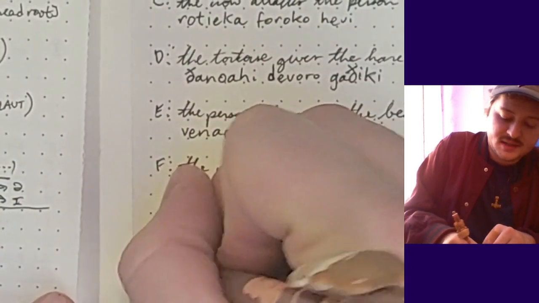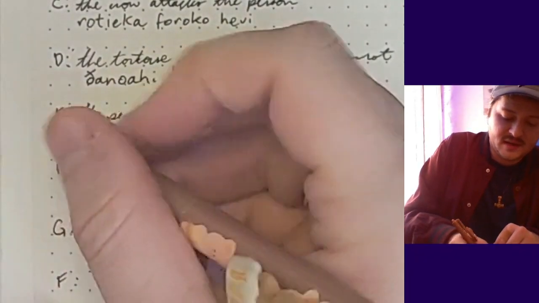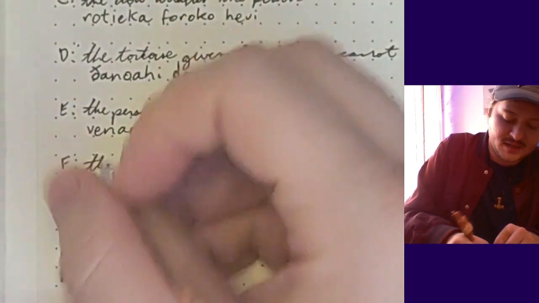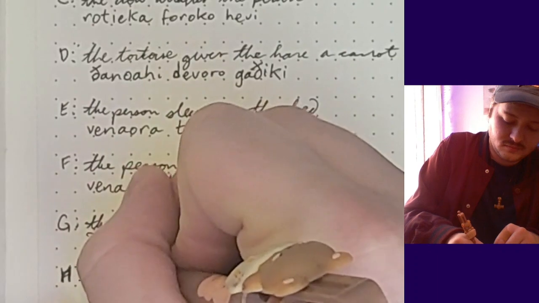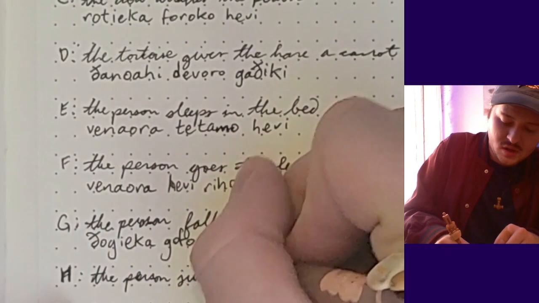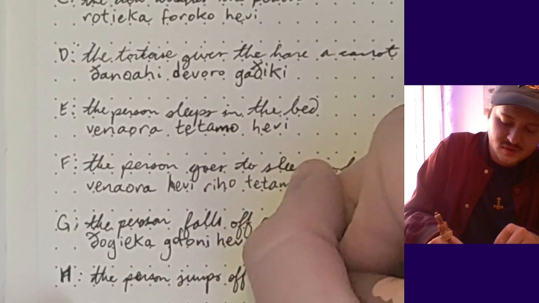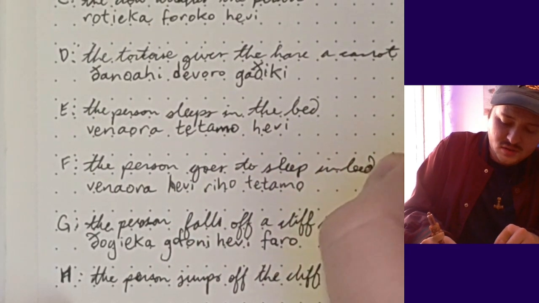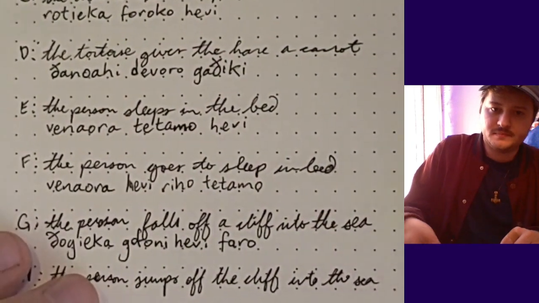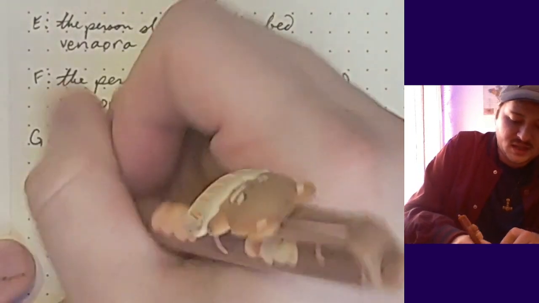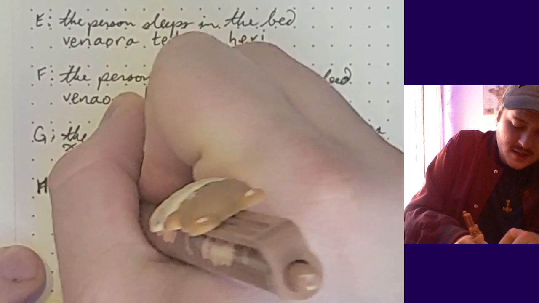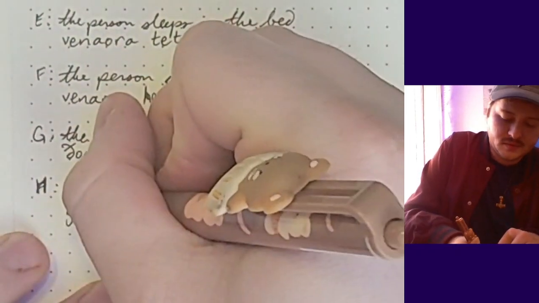So let me write the sentence first. Wait, it's not FGH. I did this before too. FGH. H is the person jumps off the cliff into the sea. And that's going to be cliff fall, so it's gofoni. Oops. I need to put a hyphen.